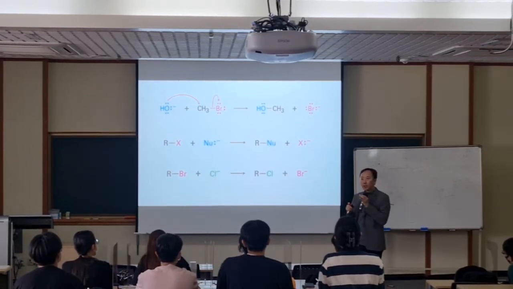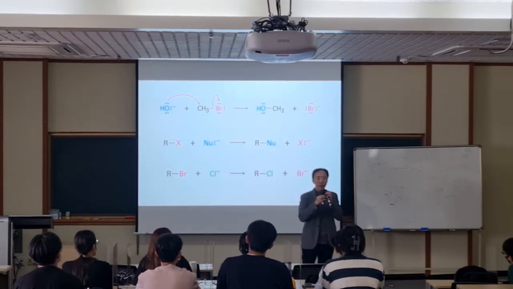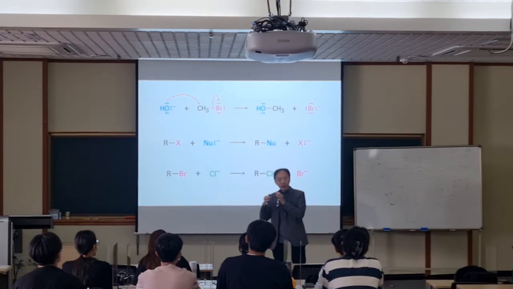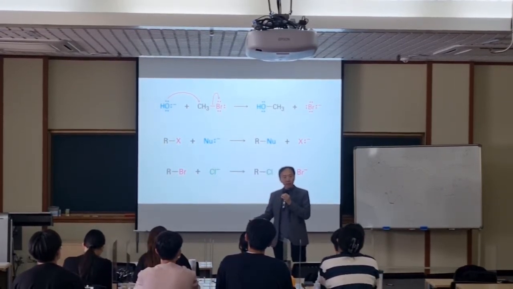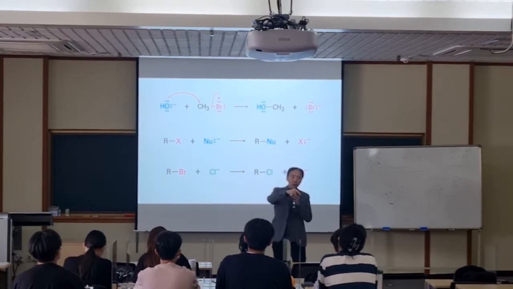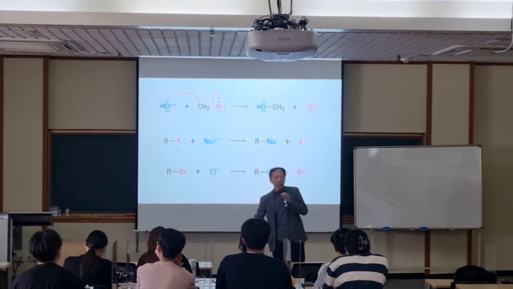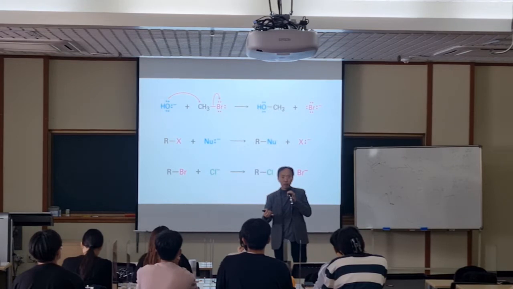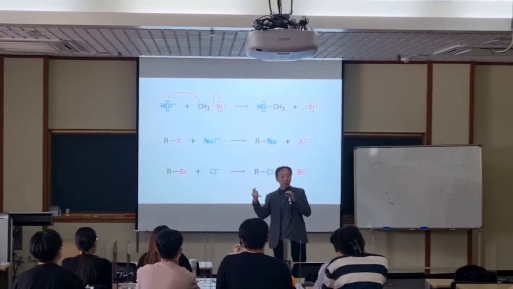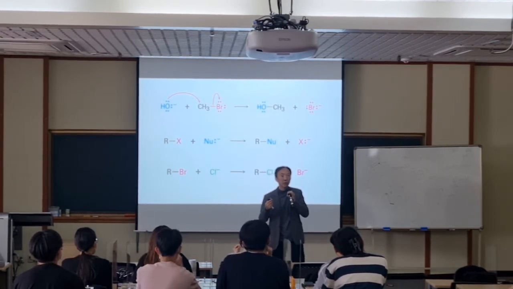If you want to see the reaction go to one side, always compare reacting species, reagent versus product. The product is more stable or happier in that environment. If you draw the reaction profile this way, this is more stabilized. If you push the reaction in that direction, this control, what do you call it? There are two kinds of reaction control, right? Kinetic control and thermodynamic control. This is thermodynamic control.